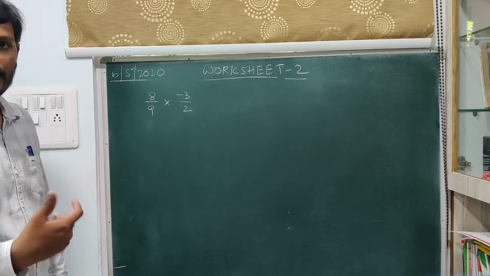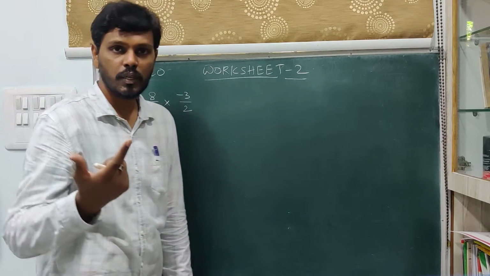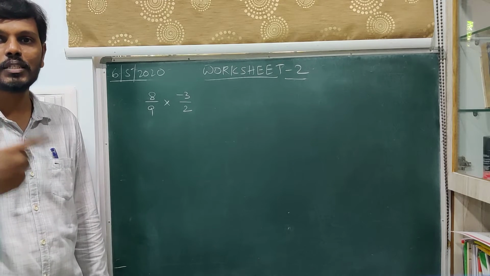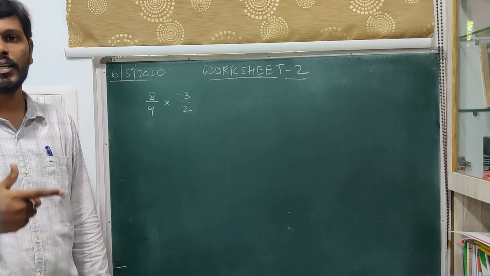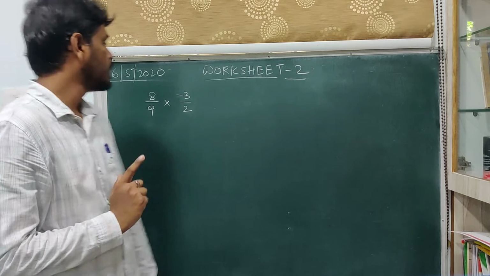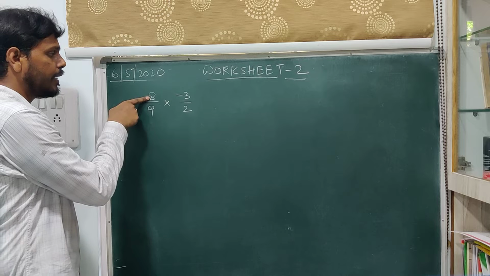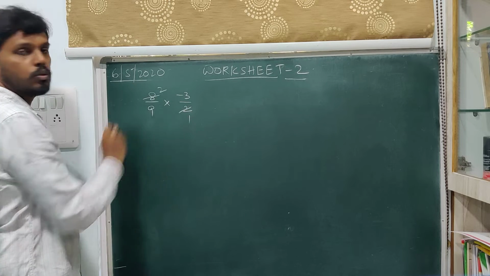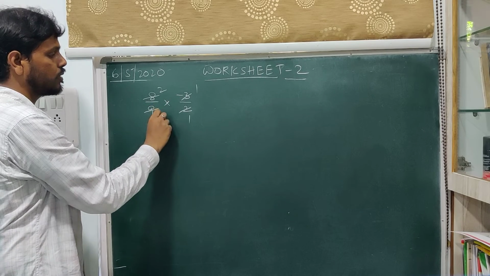When you are doing a cancellation, divide numerator with denominator or denominator with numerator. So cancellation should be amongst these two, that is, between numerator and denominator, but not between numerator and numerator, or denominator and denominator. See here, 8 goes in the 2 table, so cancel it: 2 ones are 2, 2 fours are 8; 3 ones are 3, 3 threes are 9.